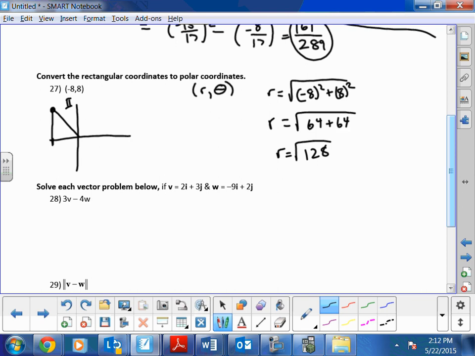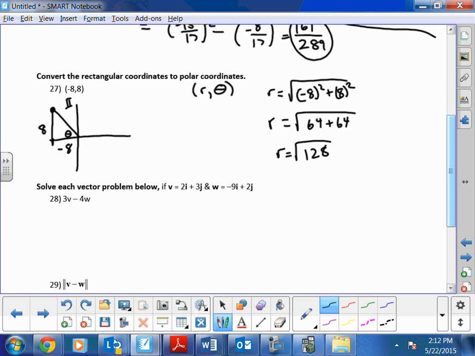To get theta, it's going to be the inverse, but we have to adjust it, because we have negative 8, 8. To figure out what this angle is, we take the tangent inverse of the function itself, but have to add things to it to get the right angle.